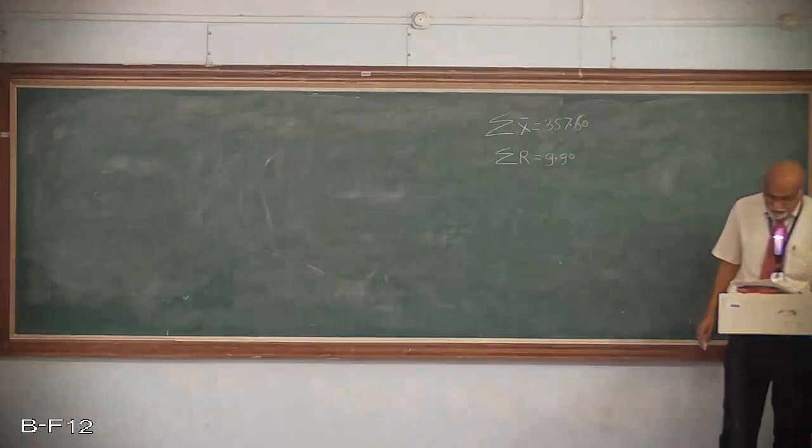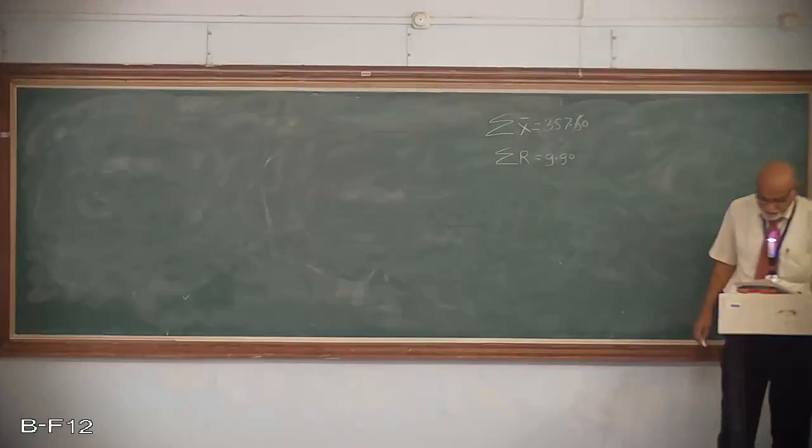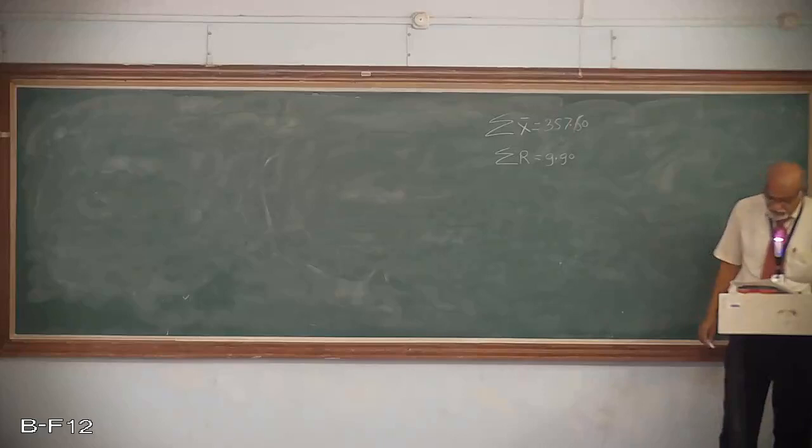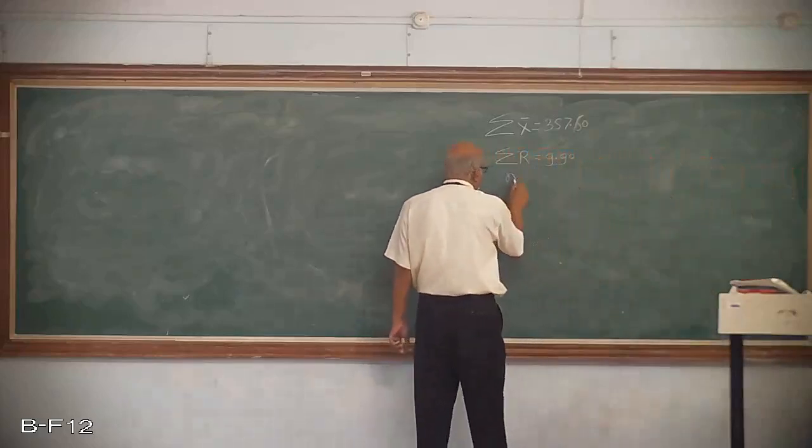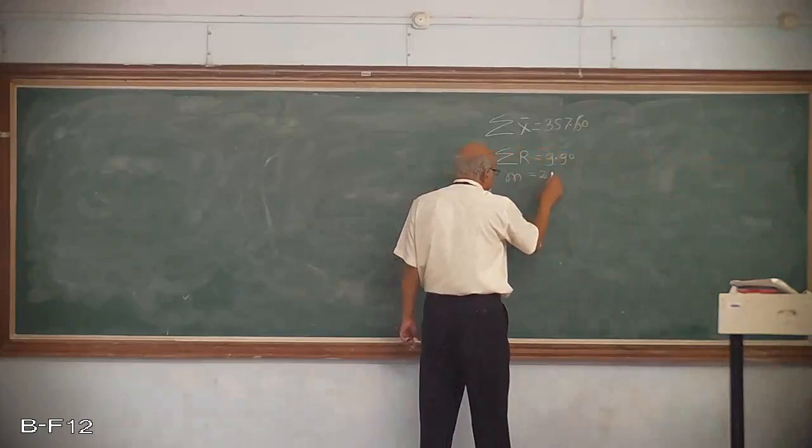Number of subgroups is 20, that is M is equal to 20.